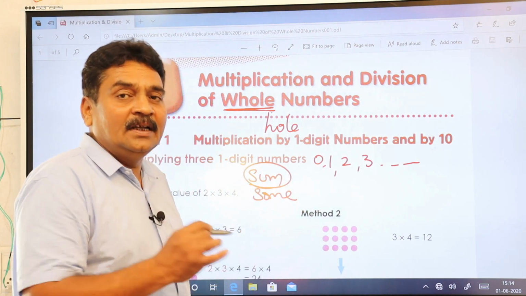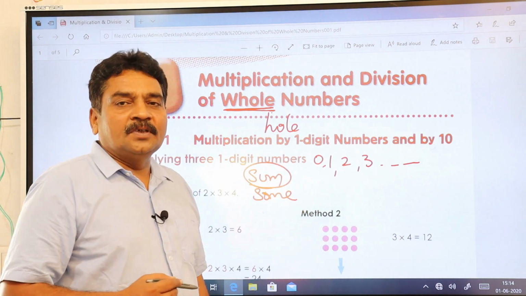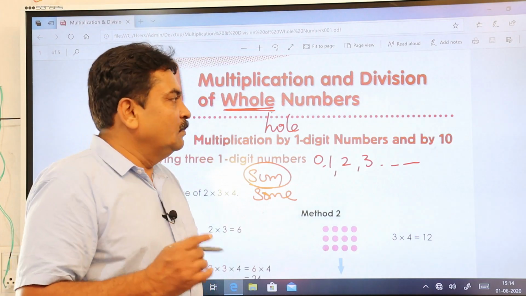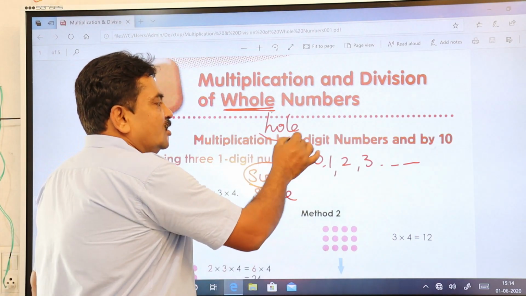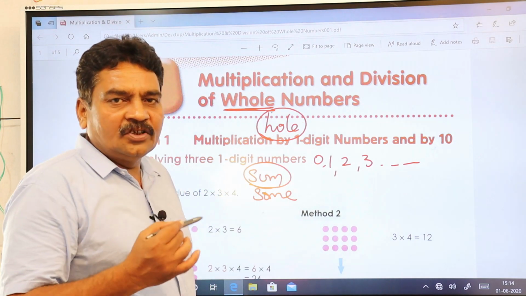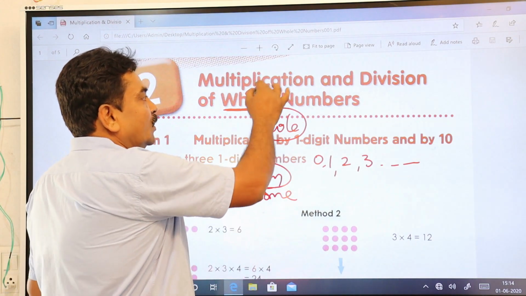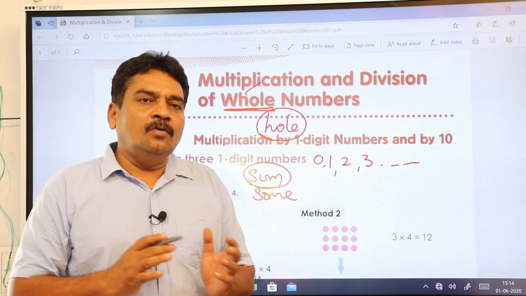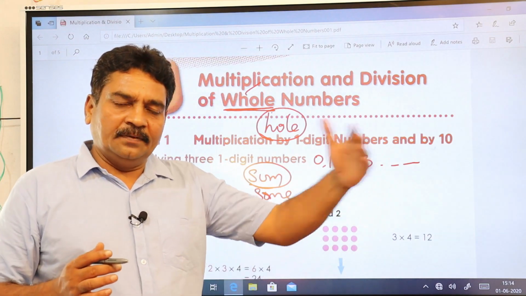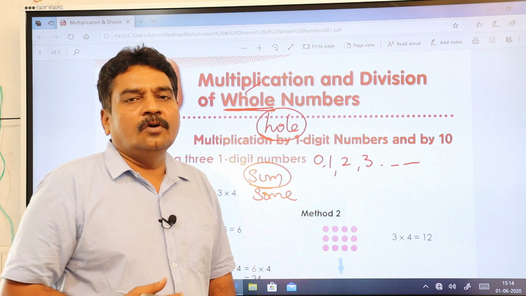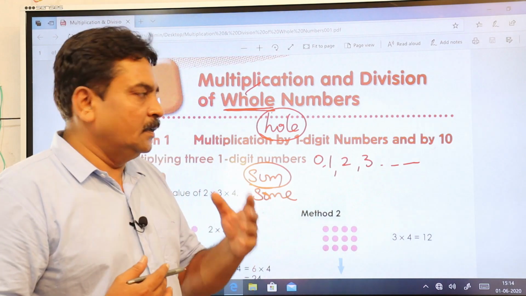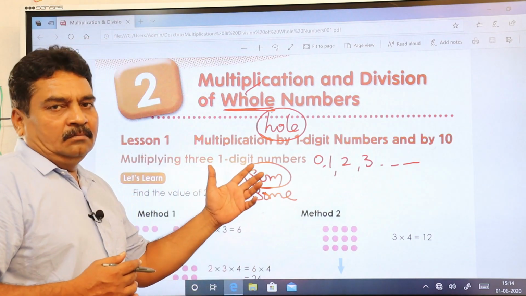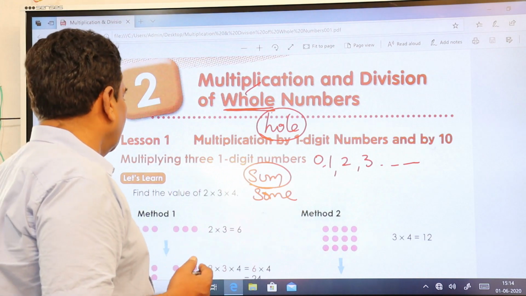We only consider S-U-M, sum, for addition. Similarly, we are not considering this H-O-L-E. We are considering W-H-O-L-E, whole. Whole numbers are nothing but counting numbers, from 1, 2, 3, 4, including 0, you call it a whole number. This is the definition of whole numbers.